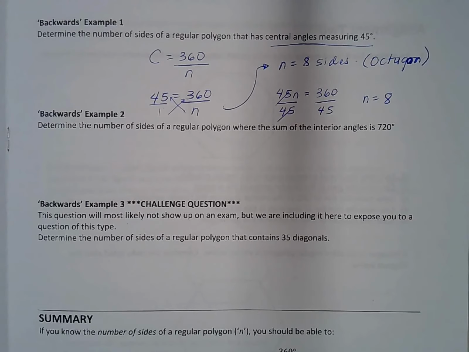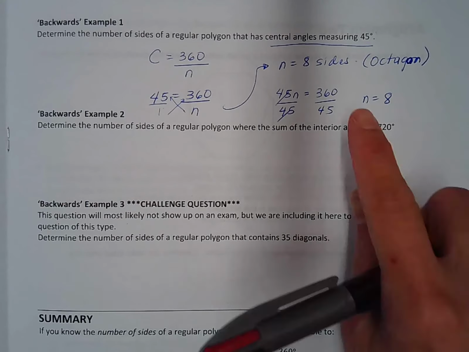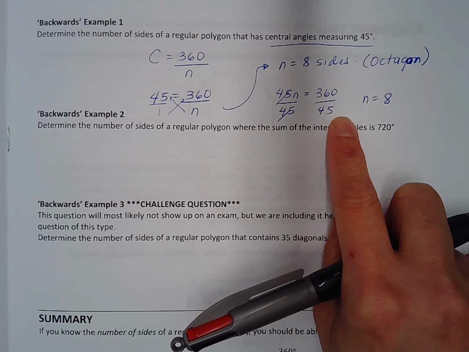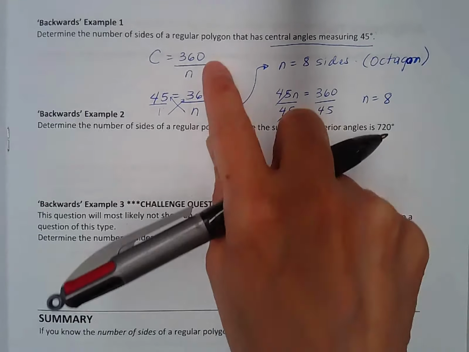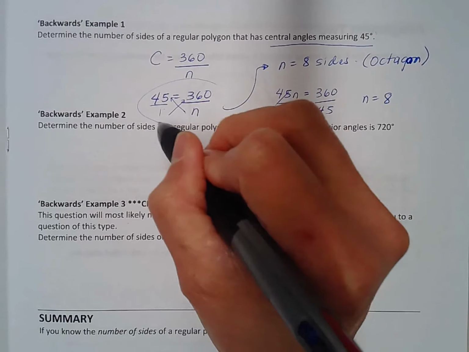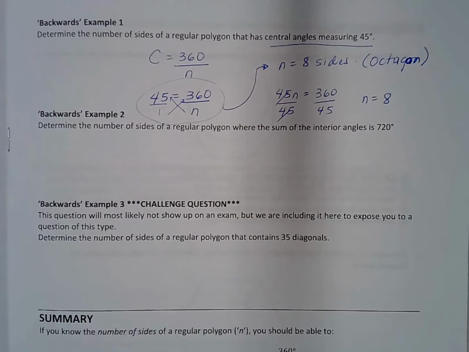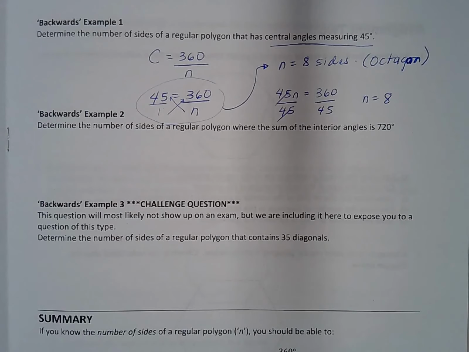8 sides. Do we have to do that way? Or is that just a second way? That's just another way. So you could do trial and error. That's perfectly fine. Trial and error is a strategy.